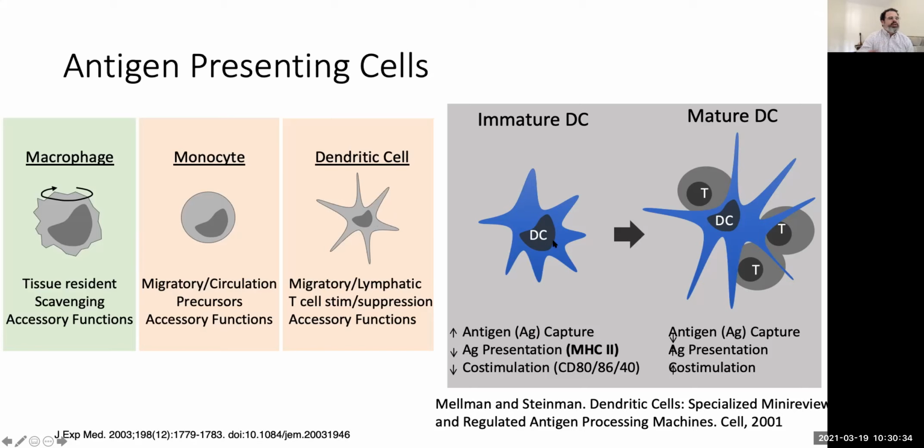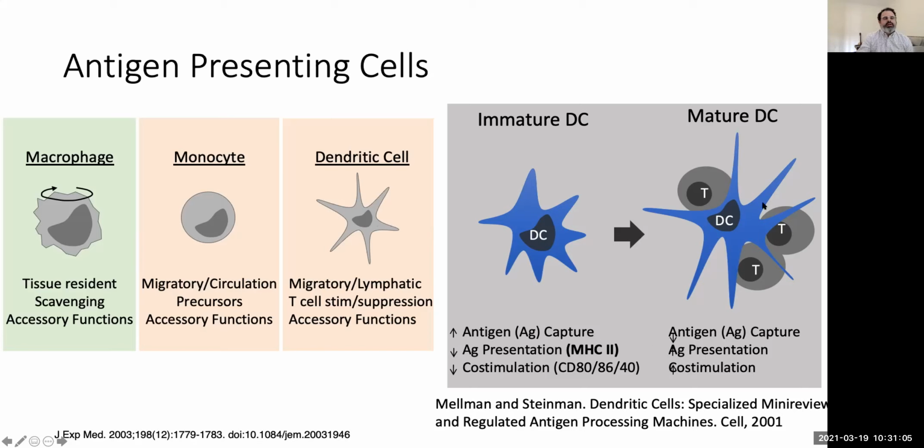If you look here in the immature state, they have lower antigen expression on the cell surface. They're expressing MHC within the cell itself, which is how they get loaded. But at the cell surface, it doesn't become highly expressed until they become mature, when things are loaded. And at that point, sorry for these arrows, they've moved over, antigen capture goes down, antigen presentation goes up, and co-stimulatory molecules go up.